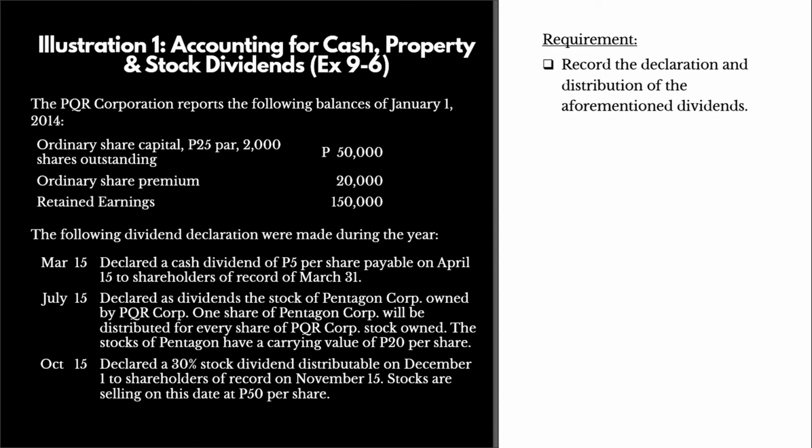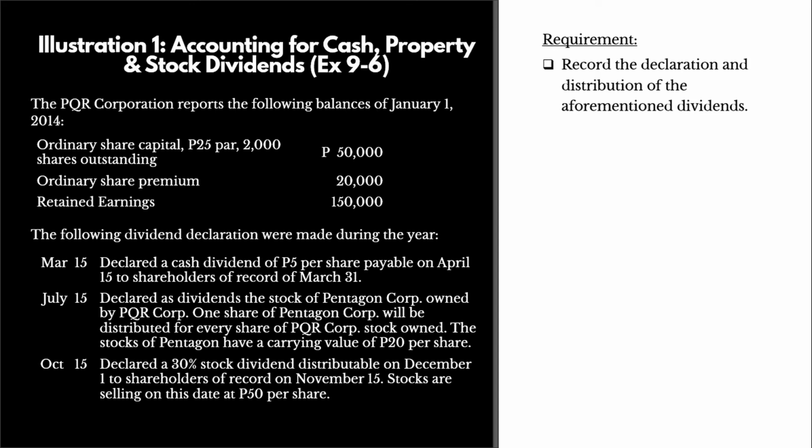So the following dividend declaration were made during the year. First, on March 15, declared a cash dividend of 5 peso per share payable on April 15 to shareholders of record of March 31. Next, on July 15, declared as dividends the stock of Pentagon Corp owned by PQR Corp. 1 share of Pentagon Corporation will be distributed for every share of PQR Corporation stock owned.